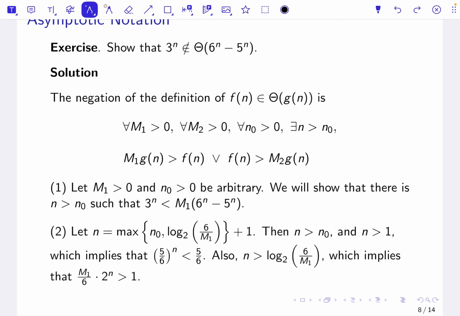But no. Exponential functions grow crazy quickly. And it turns out that 6 to the n is just so much larger than 5 to the n that subtracting 5 to the n from 6 to the n doesn't change a thing. The function still grows faster than 3 to the n.